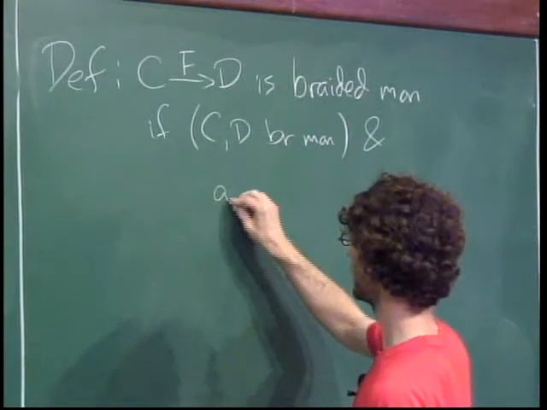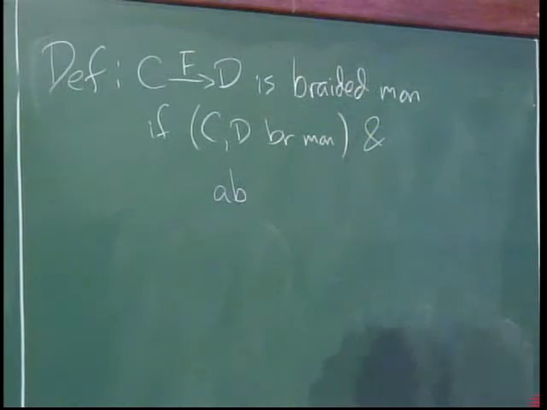So suppose we have 2 objects of C, A and B. What can we do?